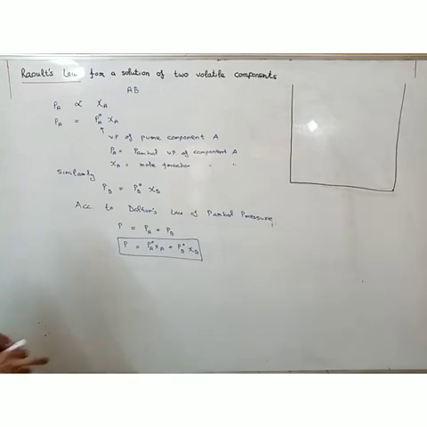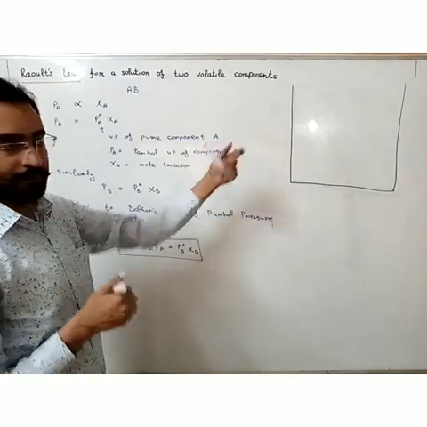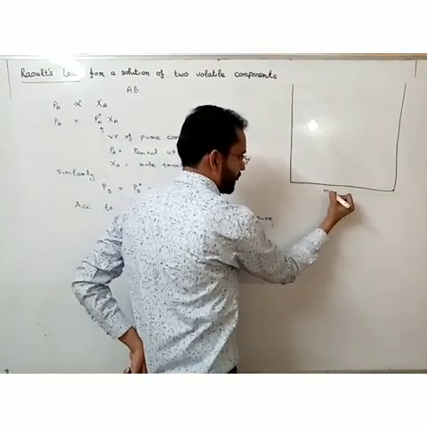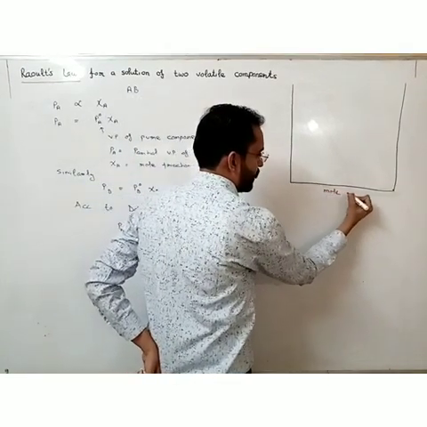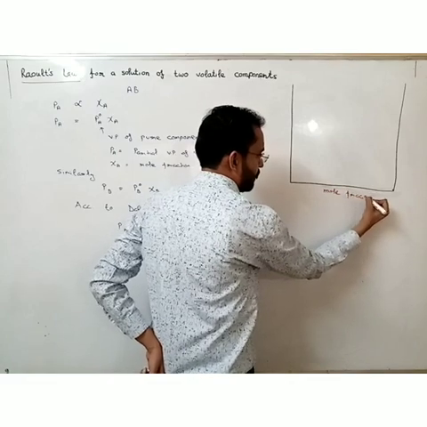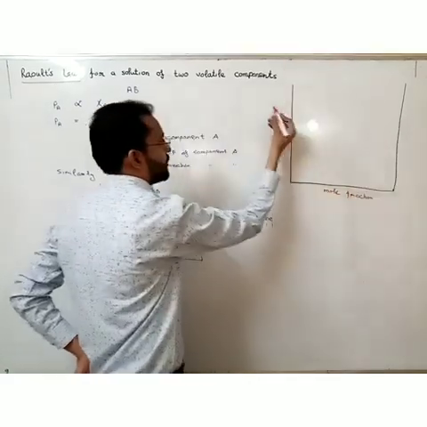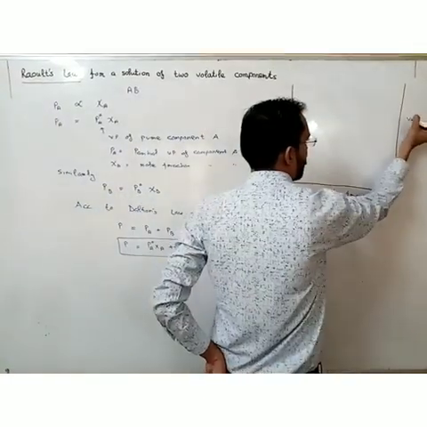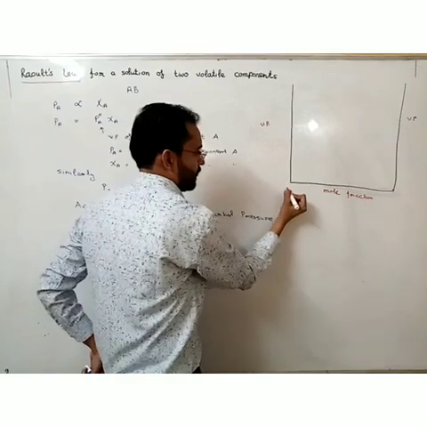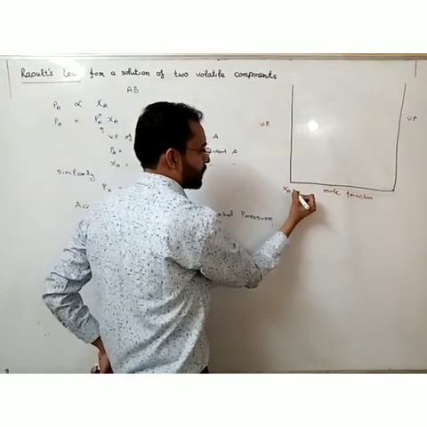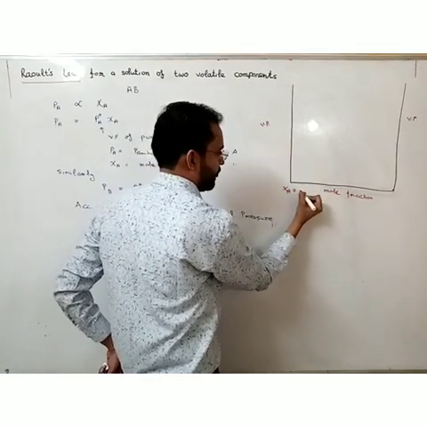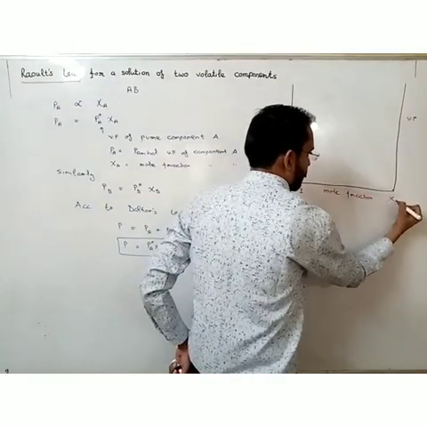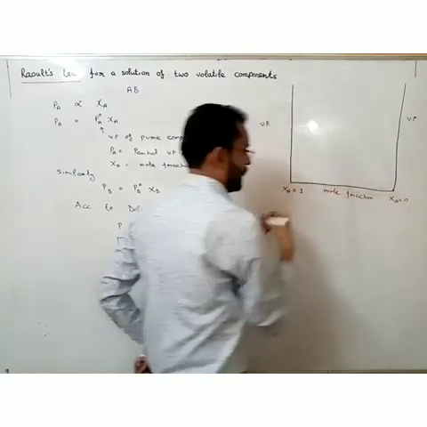Graphically, Raoult's law can be expressed here. See, on x-axis consider mole fraction, on y-axis consider vapor pressure. On this side, let mole fraction of component A be 1, XB is equal to 0.